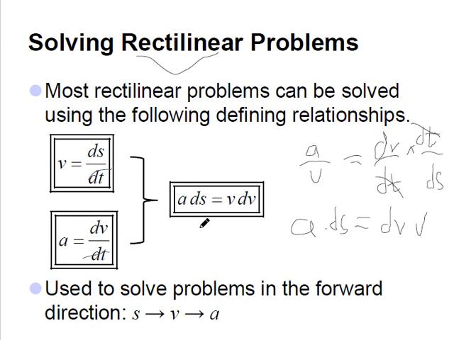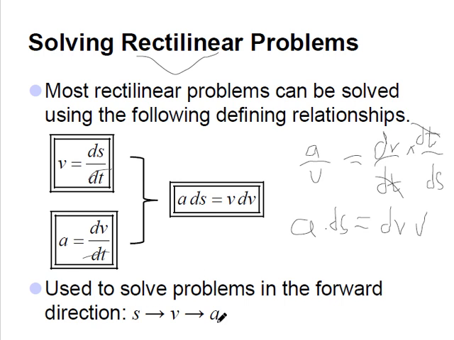Okay, so this is going to connect all three variables when solving problems without directly involving your time, because we're eliminating time out of the equation. Okay, so we usually solve problems in the forward direction.